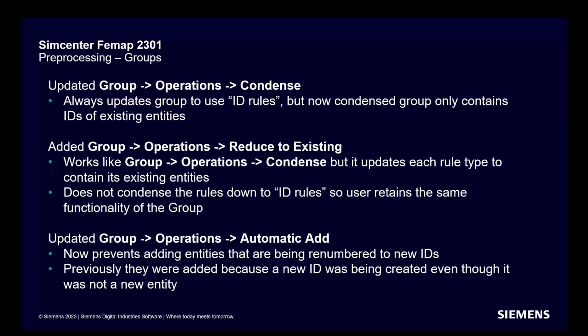So instead of condensing down to the IDs of the entities themselves, it will condense the properties. Like, for example, if you have properties 1 through 50 in your group rule, and you pick reduce to existing, it'll maintain that rule, but it'll only have that rule for properties that exist in the model. These are kind of hard to think about.